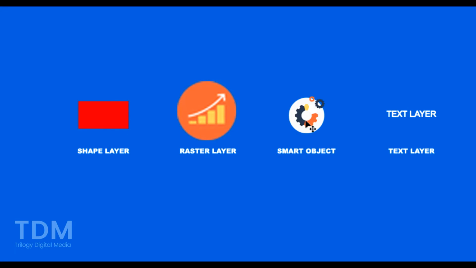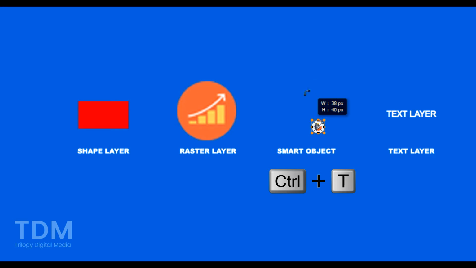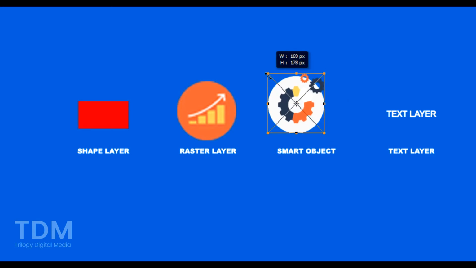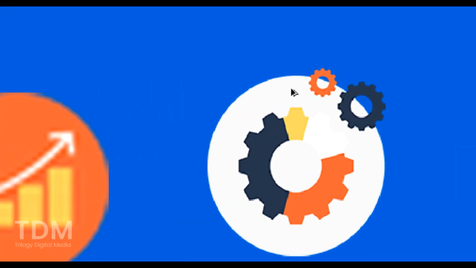So if we shrink it down to 50% and then scale it back up to 100%, you will see it looks just fine. That's because Photoshop was told to keep that information.